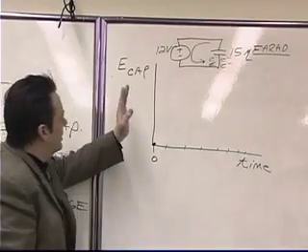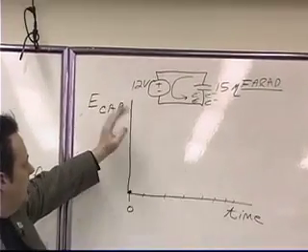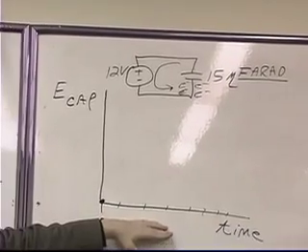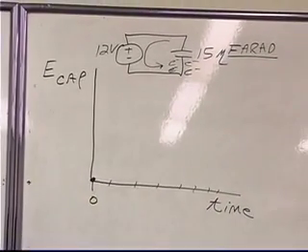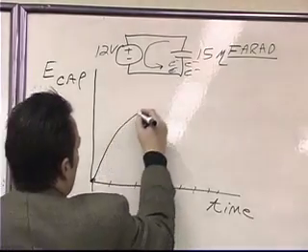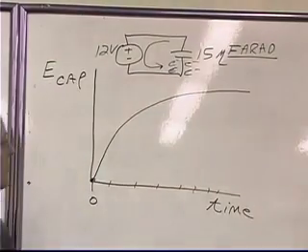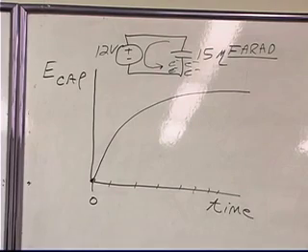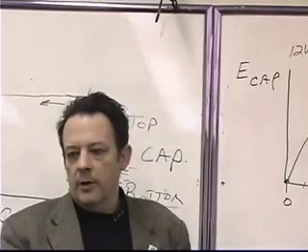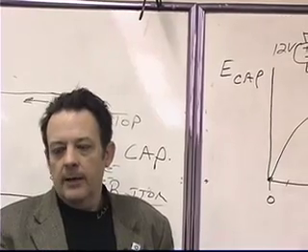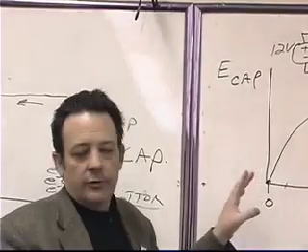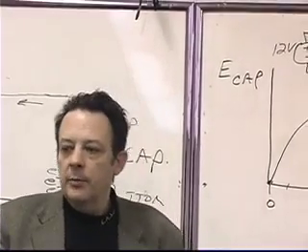And if we look at a plot of the voltage across the capacitor versus time, which we'll actually see on the oscilloscope in the lab, what we see is a graph that looks like this. We call that an exponential curve, or an exponential charging phenomenon. Okay, now, there's something that I'm going to show you here about this graph that you won't read in the book.